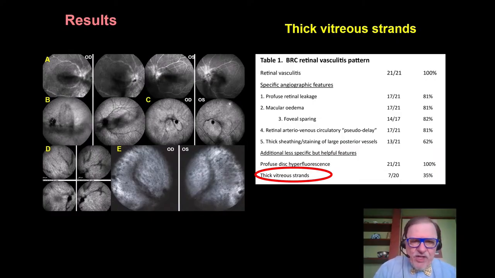Another finding, which is less frequent, but when it is present, is very useful to orient the clinician towards birdshot retinal vasculitis, is thick vitreous strands, which we found in as much as 35% of cases. You can have a look here at a few cases with these thick vitreous strands due to vitreous infiltration in birdshot.